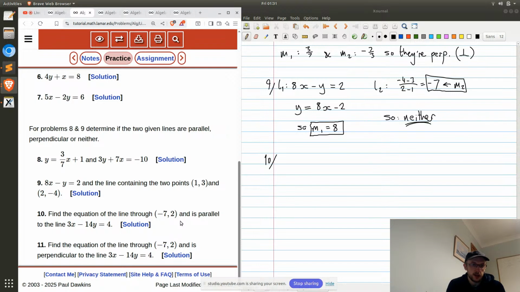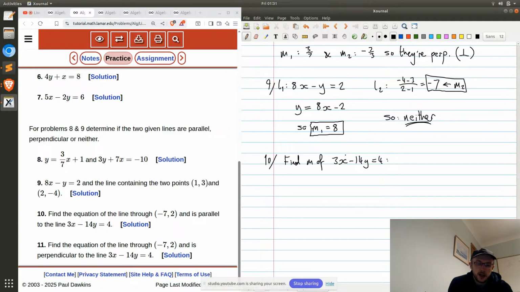Find the equation of the line that goes through negative 7, 2 and is parallel to the line 3x minus 14y equals 4. So first, find the slope of 3x take 14y equals 4. And so just put it in slope-intercept form.